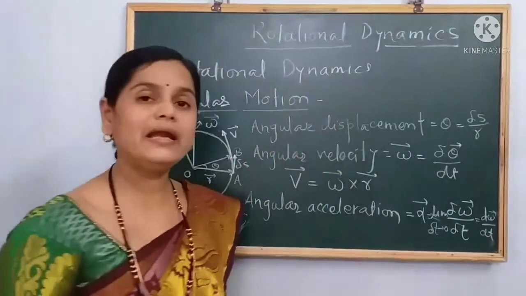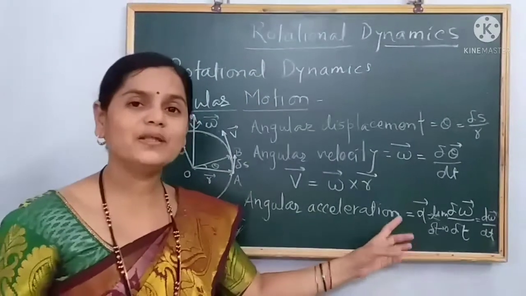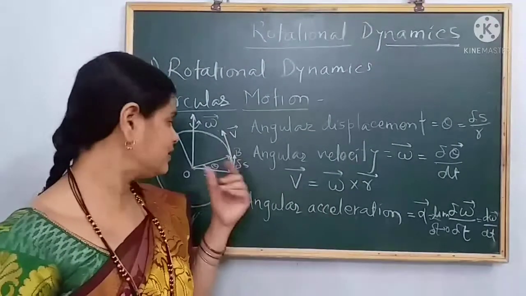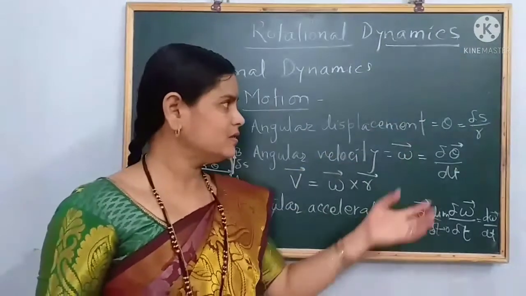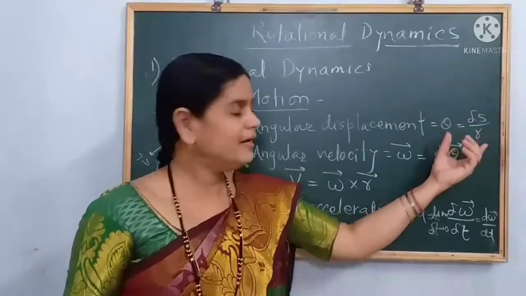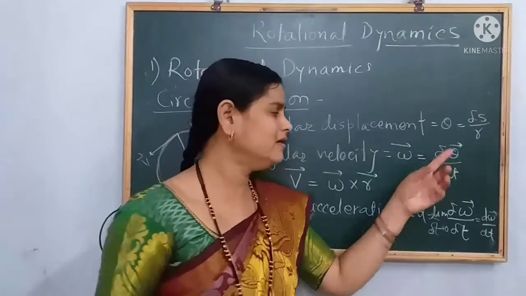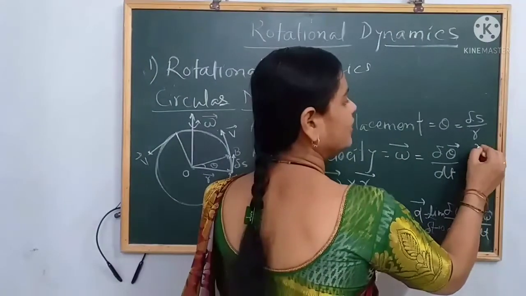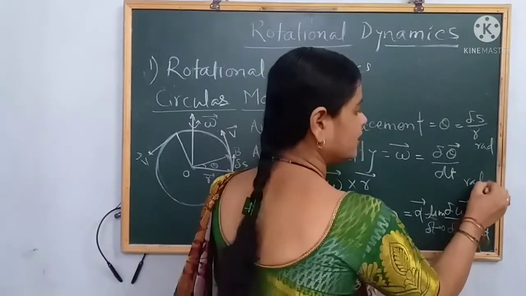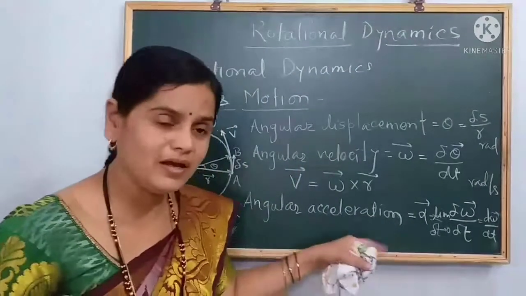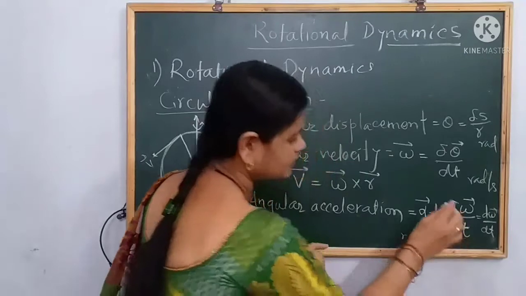So nothing but the rate of change of angular velocity, which is the angular acceleration in case of circular motion. Fine. So these terms: theta, the plane angle, is measured in radian, angular velocity is measured in radian per second, and the angular acceleration is measured in radian per second square.